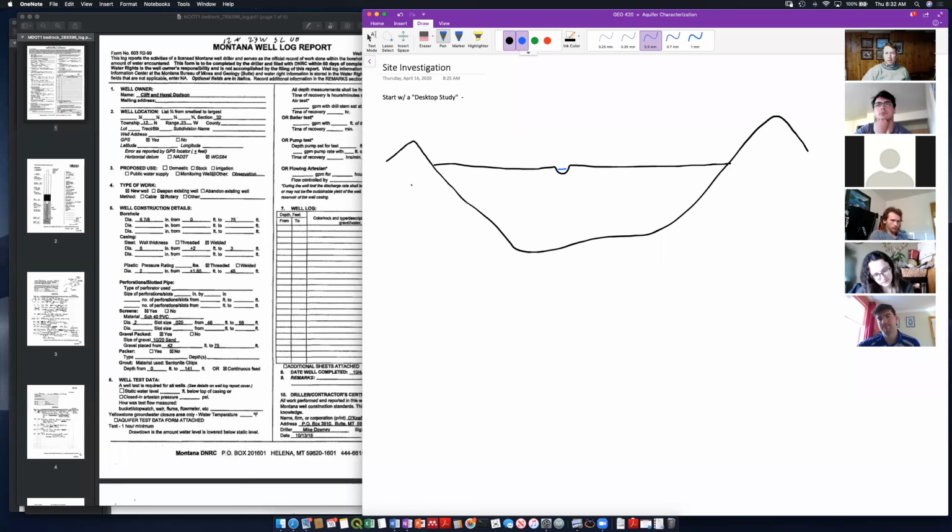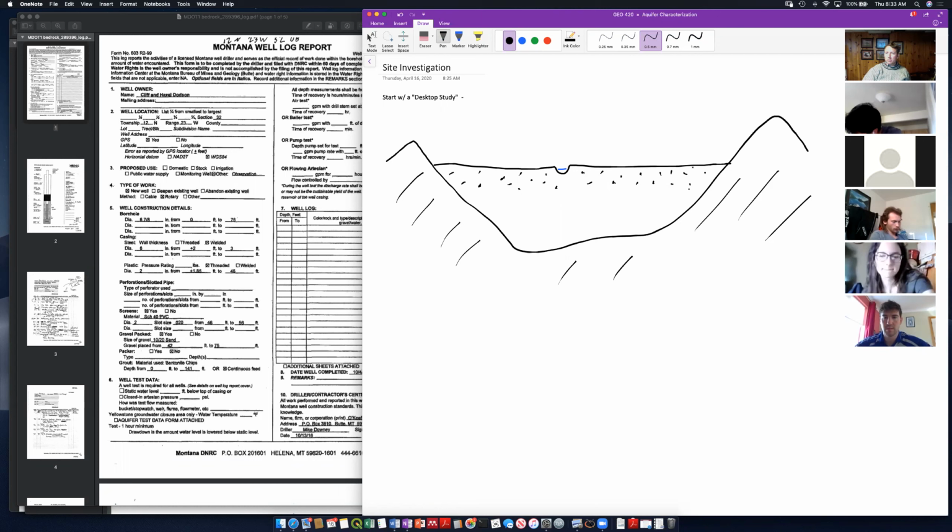All right, so we've got mountain blocks, and we've got an alluvial aquifer here. And we know that in general, these alluvial aquifers are pretty well connected to our river system. We know that the top 100 meters or 100 feet or so of this alluvial aquifer is sort of glacial deposits.